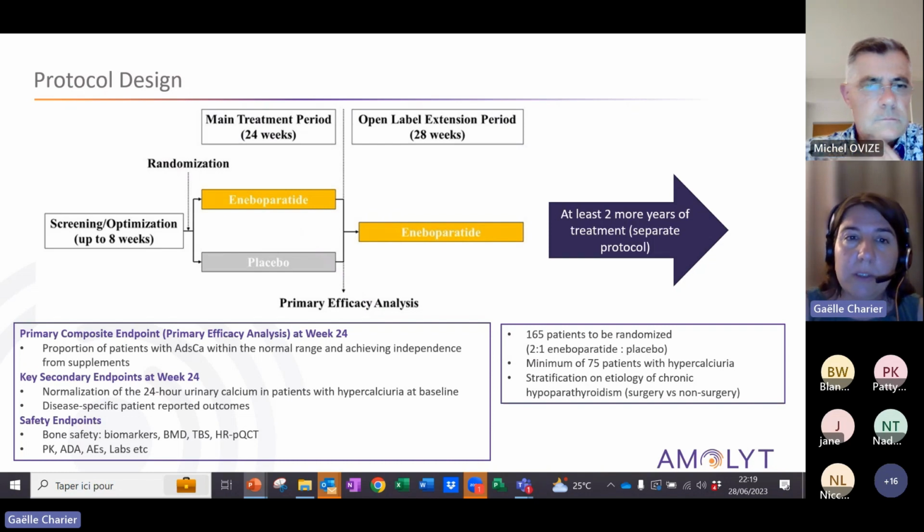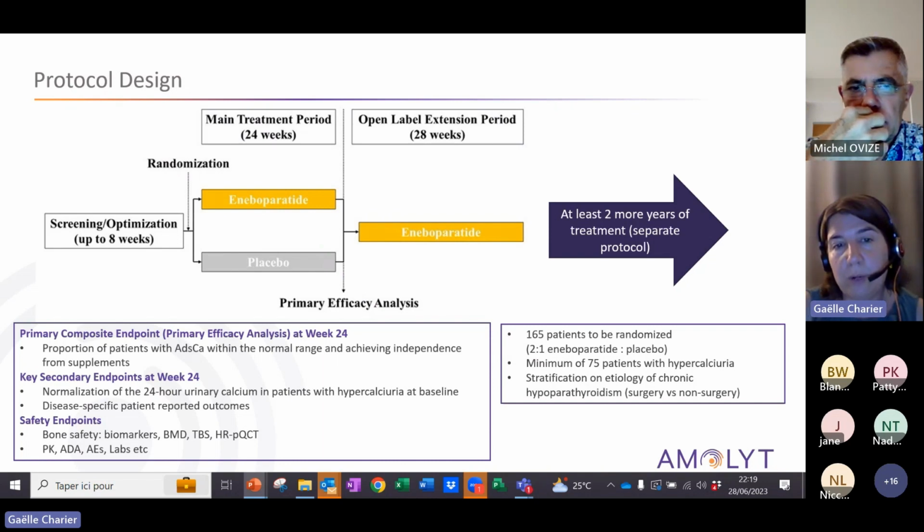So no one will know which product the patient receives. And at the end of this period of 24 weeks, we are going to do what we call the primary efficacy analysis. So we will compare the efficacy of the drug versus placebo after this first 24 weeks. Then all patients will enter the open label extension period, which will last 28 weeks.